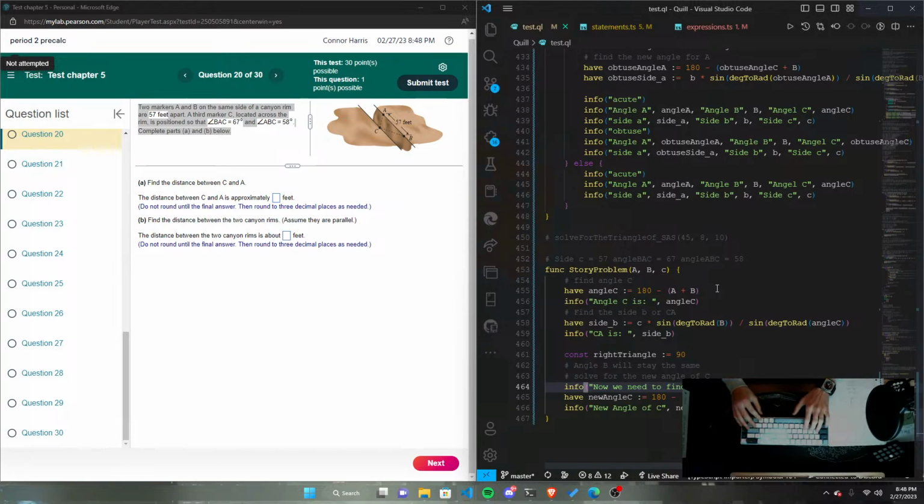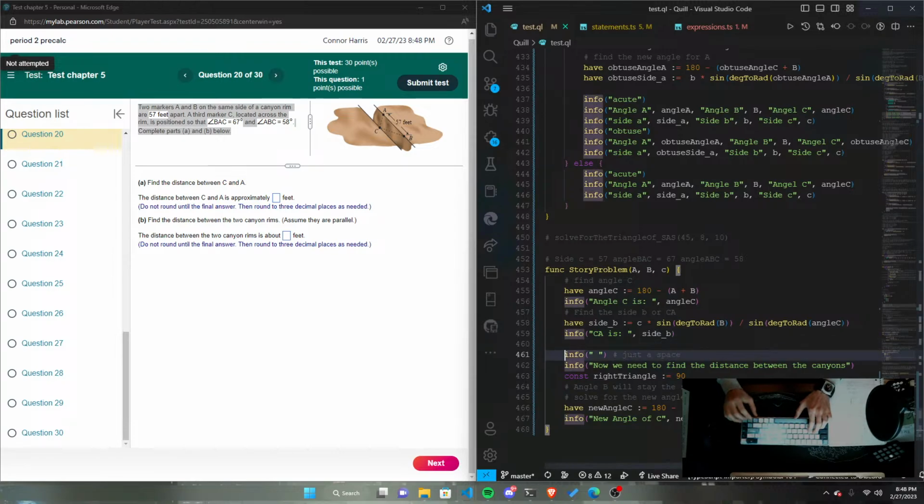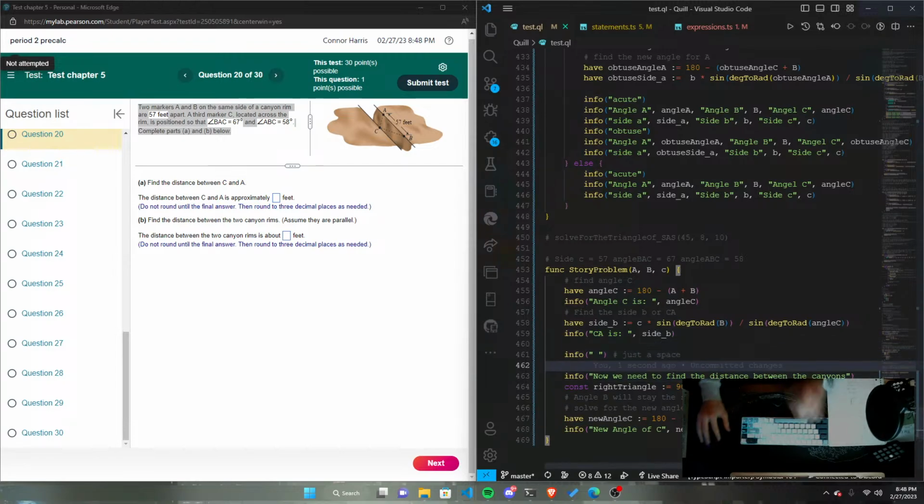C-A-N-Y-O-N. Canyons. And we can actually move this line above this. And let's just add in a spacer, which is just a space, because I don't believe it supports new lines yet. \n, which I should probably add to the things. Too bad.